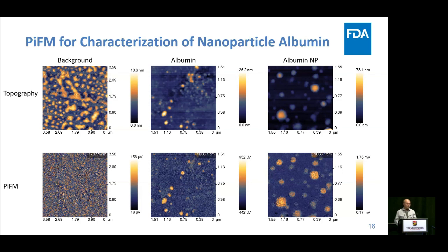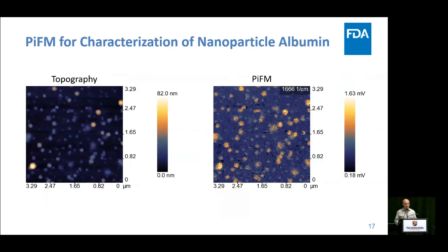This is the topography at the top and the PIF image at the bottom. At 1666, we can again trace the amide 1 band, and this is really fascinating because we can chemically image these particles specific to a particular band in the molecule. Here is a slightly larger area showing the distribution of the particles. This is a very high yield process.